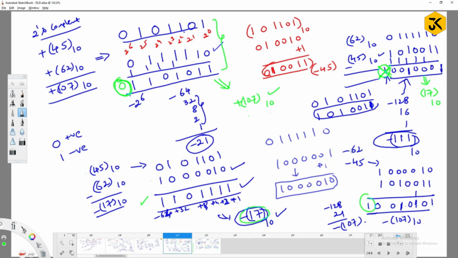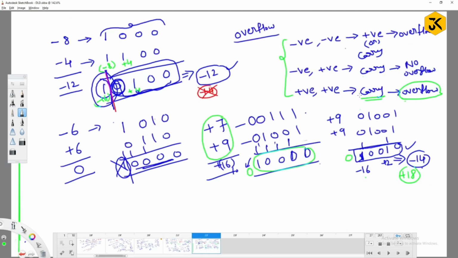Here you have to think minus 1, minus 62 and minus 60, minus 45. Here we are trying to consider one extra generation that should be considered, because I am saying that is overflow. Then only you will get the result, right? So if you follow these three rules, you will get correct results.